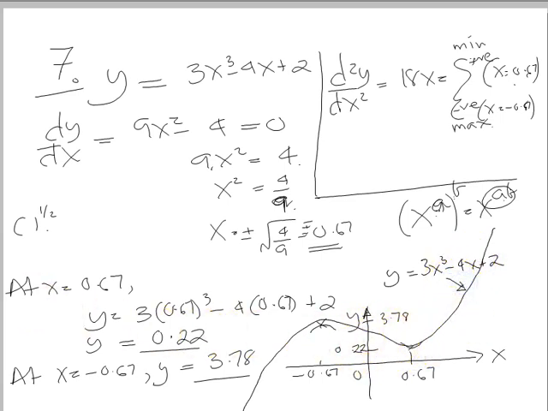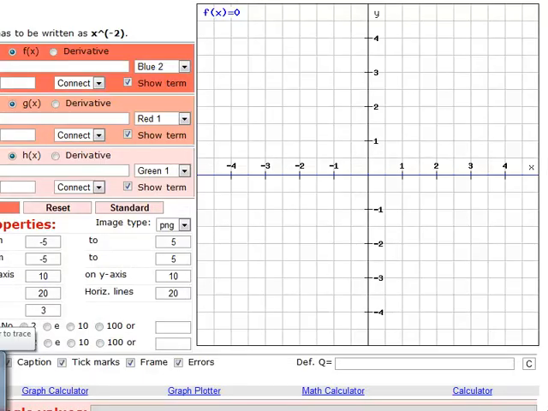Now let's go to a calculator, a graphical calculator, and we're going to type in the actual function, yeah? So let's have a go at that. So what have we got then?